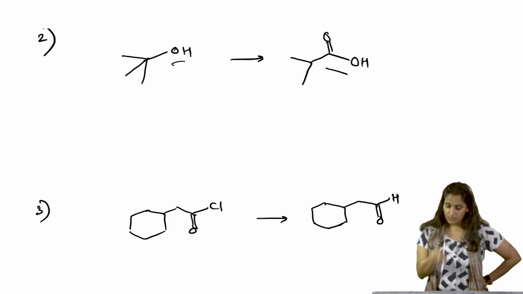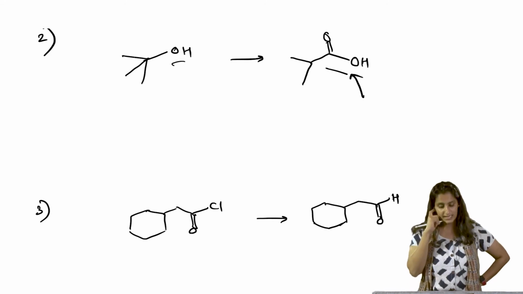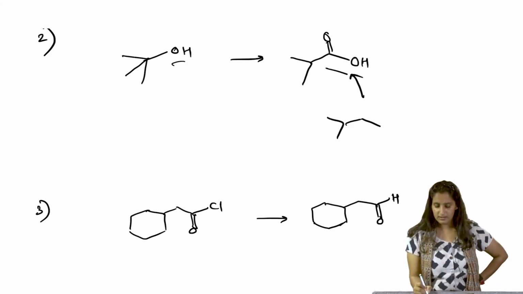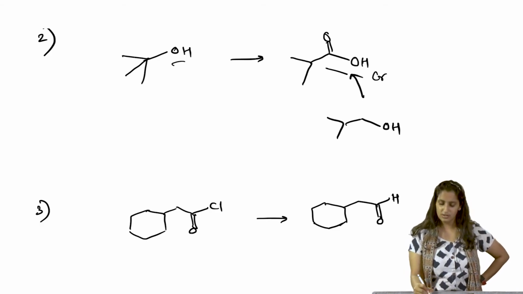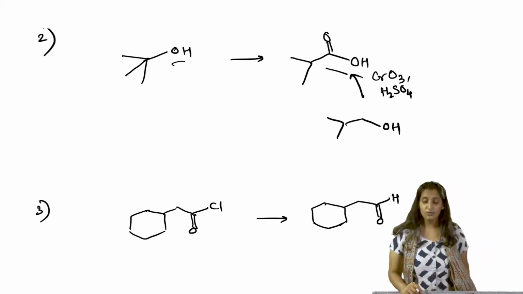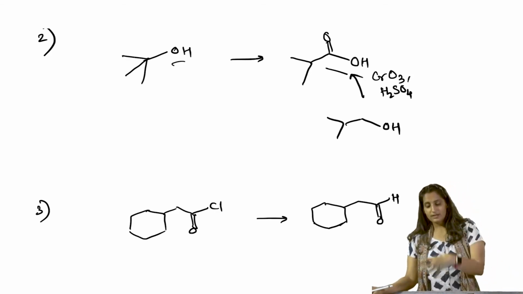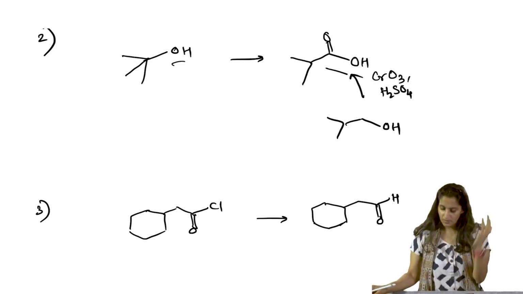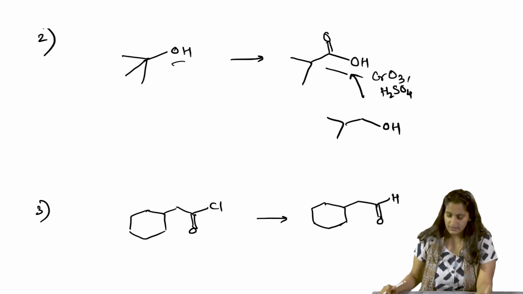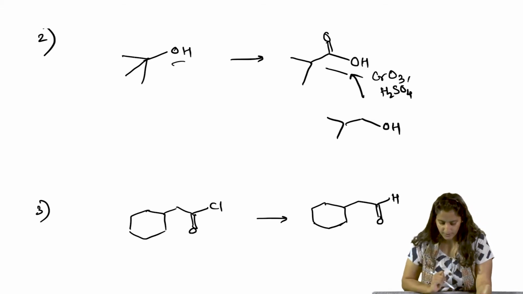Now, I know that a carboxylic acid can be formed if I start from the corresponding primary alcohol with Jones reagent, CrO3 H2SO4, or we can use KMnO4 or some kind of oxidizing agent. So, now to get to this carboxylic acid, we have the alcohol, but how do I convert this alcohol over here?